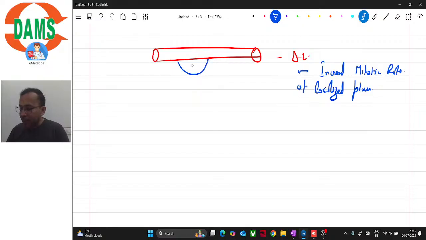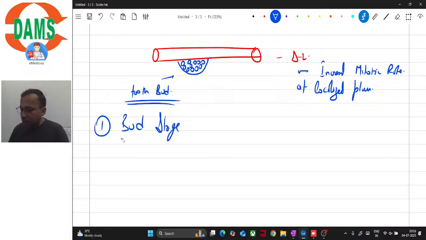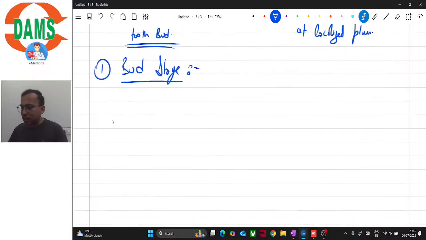These cells will proliferate to form a bud, and this is the tooth bud. So the first stage is the bud stage because it looks like a bud, isn't it? What happens in this stage?